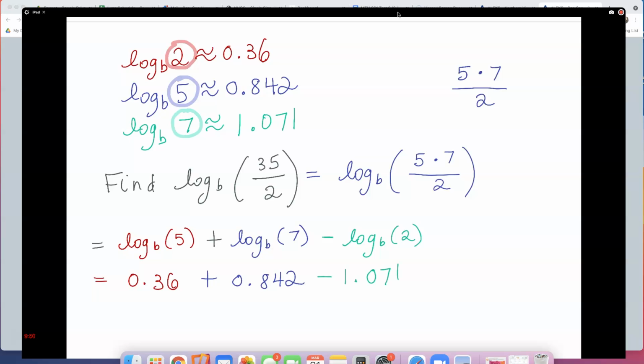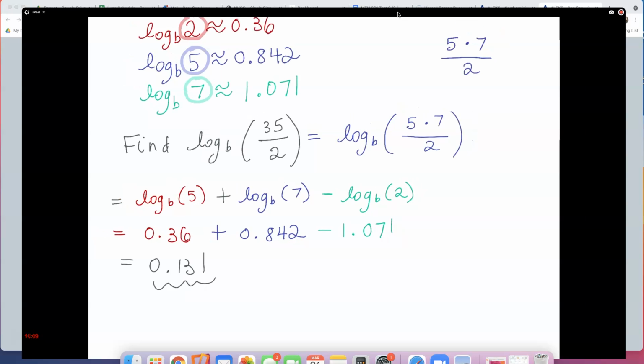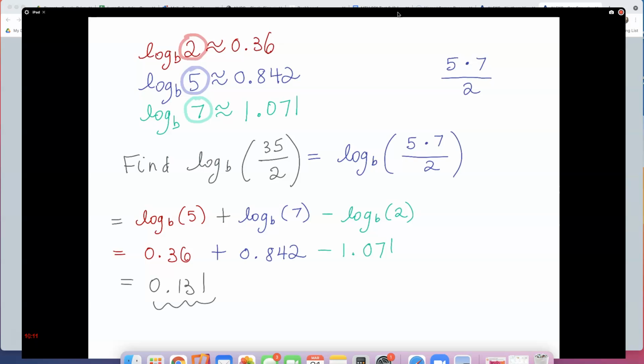All right, let's go ahead and evaluate this. I'm going to add the first two: 0.36 plus 0.842 minus 1.071. I got 0.131. So you kind of have to be creative when you do these problems. But when you look at 35, you need to know 5 times 7 is 35.